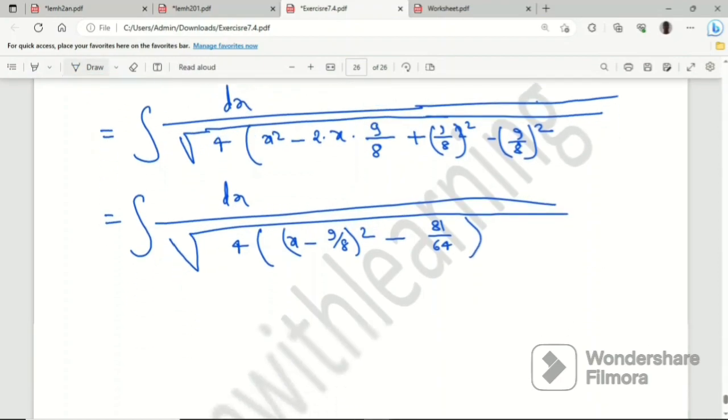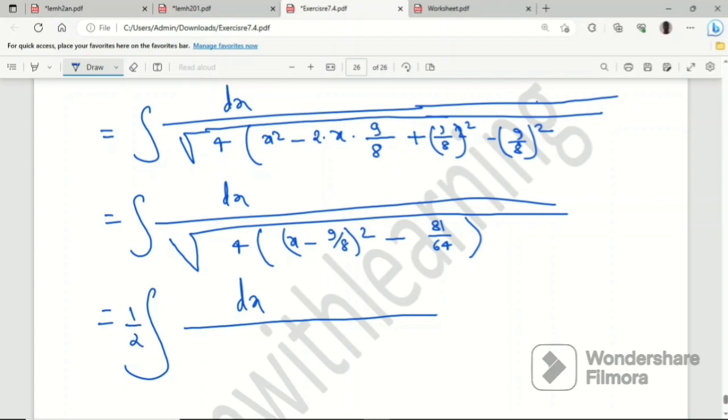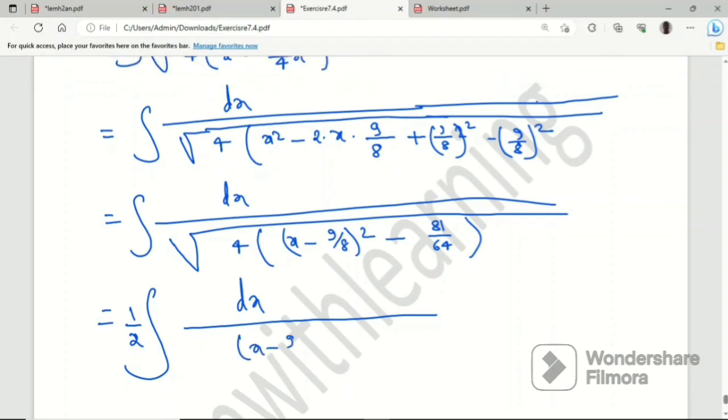So I'll get integration dx upon, I can send 4 outside, under root 4 will be 2, so 1 upon 2. So now I have got x minus 9 upon 8 whole square minus 9 upon 8 whole square.